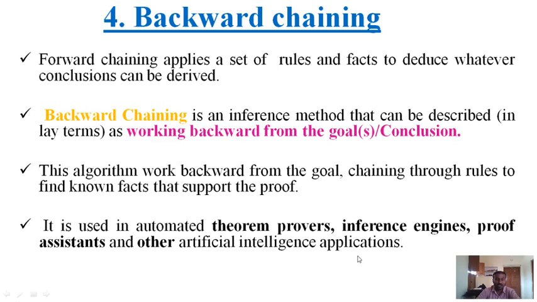Mainly in automated theorem provers. Generally in mathematics, statistics or operations research, the theorems that exist are proved manually. But backward chaining concepts are used in automated theorem proving environments, where theorems are proved automatically.